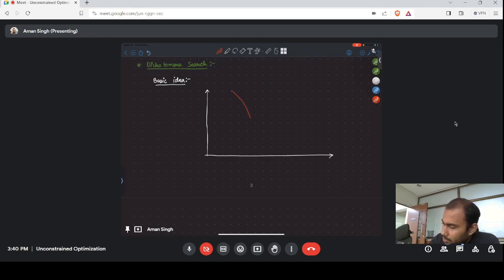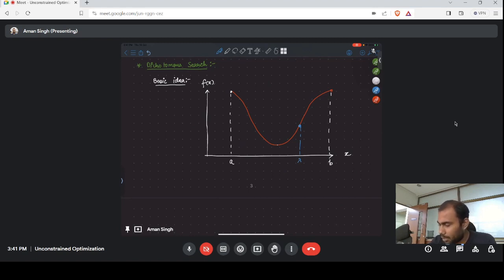Let's say this is my function, and this is my interval. I arbitrarily select a third point lambda between a and b, and try to use this information to get nearer to the minima.